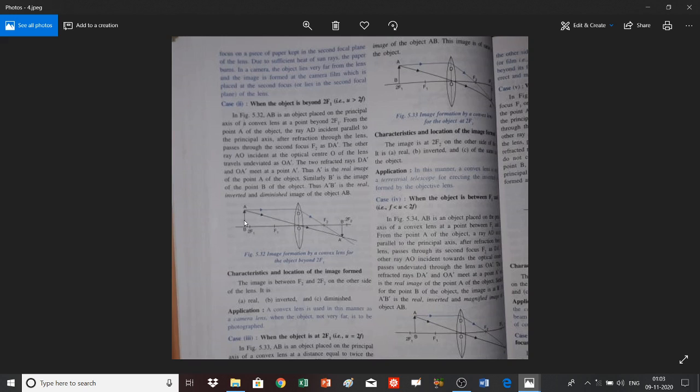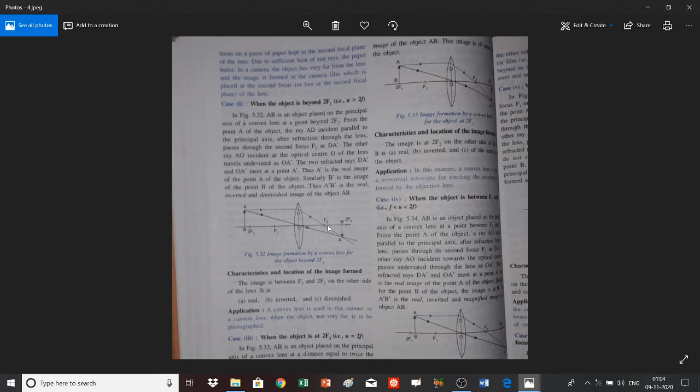Then, as we discussed earlier, only two cases we have to consider. Number one is when a ray of light passes through the optical center, it will move without any deviation, and another ray which is passing parallel to the principal axis, after refraction, will pass through the principal focus F2.